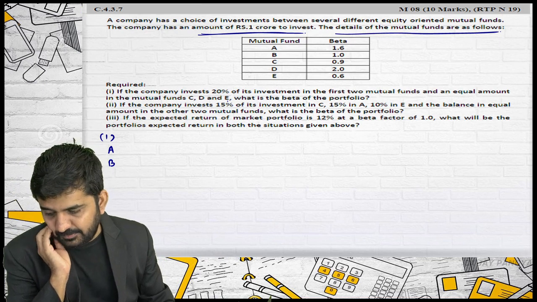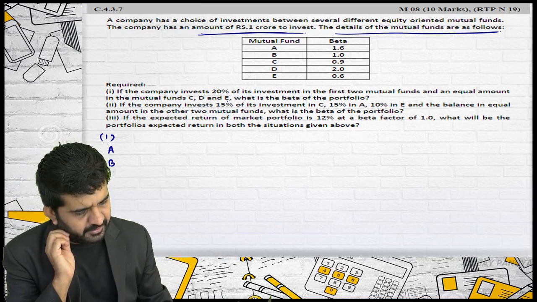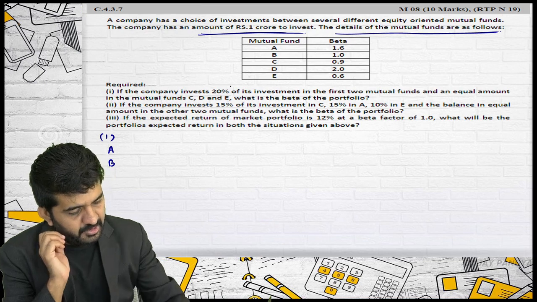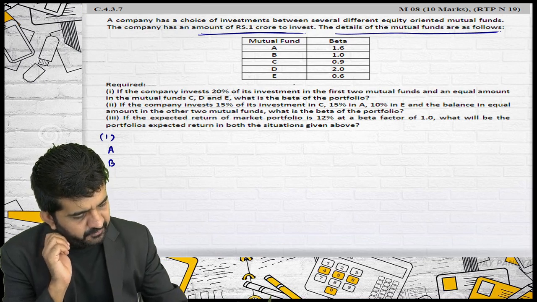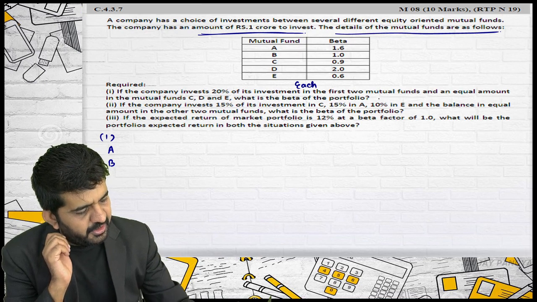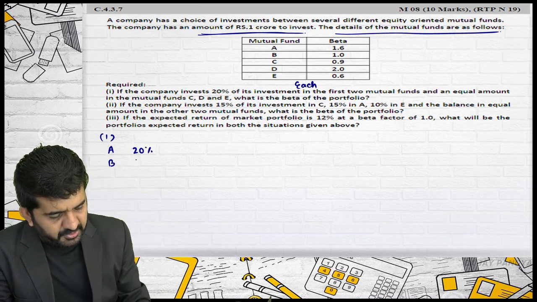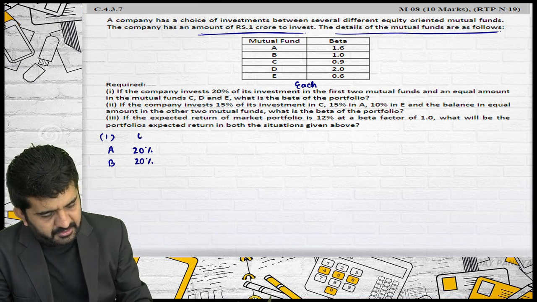So this will be 20%, this will be 20%. This will be the weight.